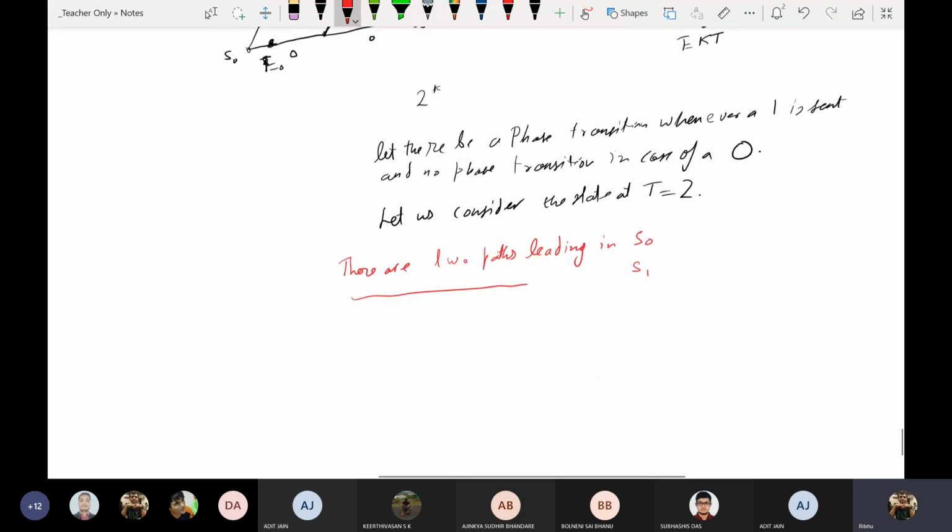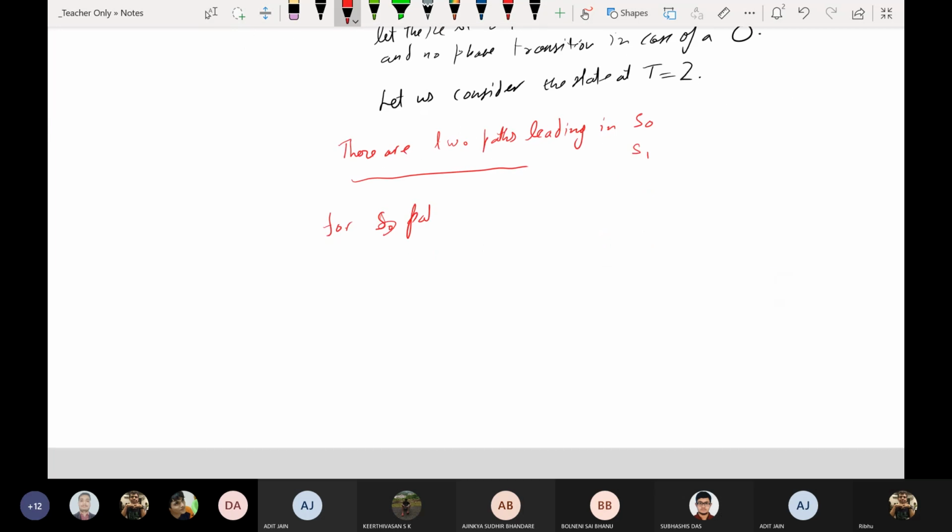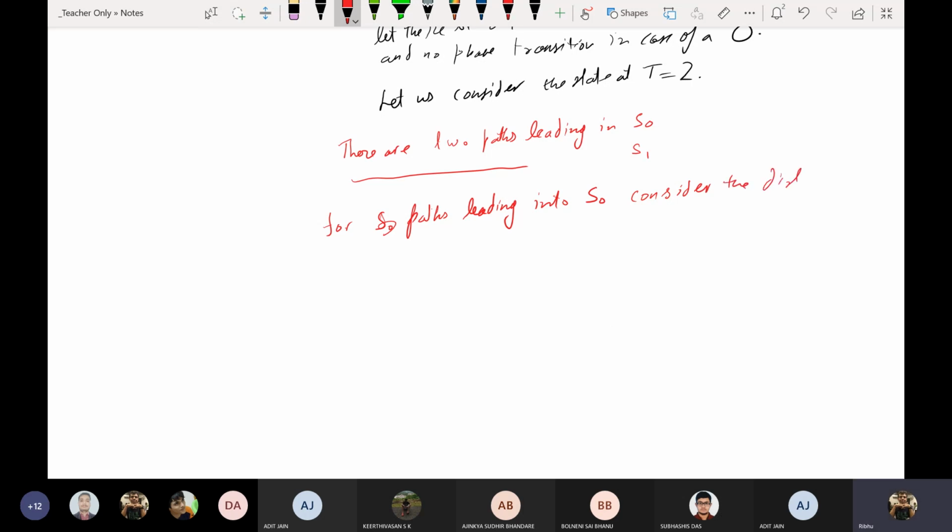So now for S0, for the paths leading into S0, consider the distances D00 and D11. Fine. We consider these two distances.